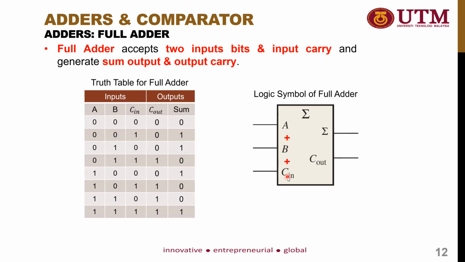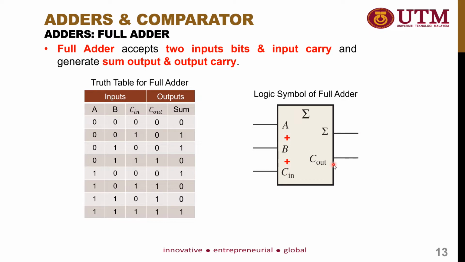In order to show you how to operate the full adder, I will show you 3 different examples. The first example is when A equals 0, B equals 0, and Cin equals 0. So 0 plus 0 plus 0 equals 0. As you can see here, the output is 1 bit only, so it goes directly to the sum and no carry is produced.